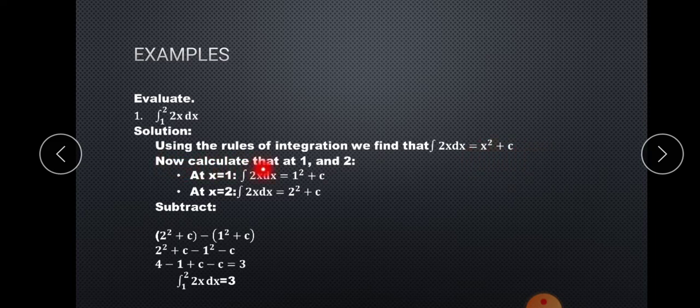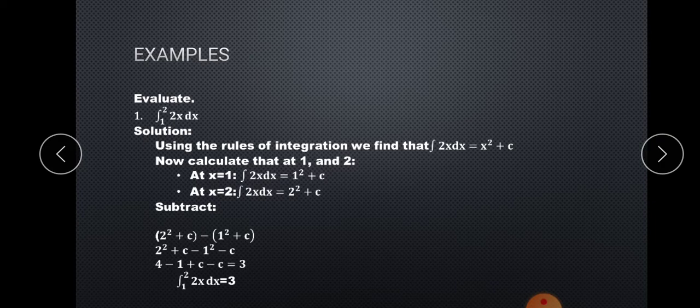Now calculate that at 1 and 2. At x equals 1, the integral of 2x dx equals 1 squared plus c. And at x equals 2, it equals 2 squared plus c.